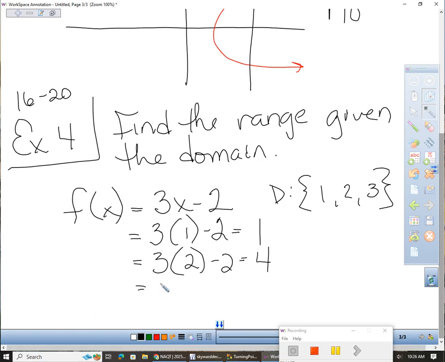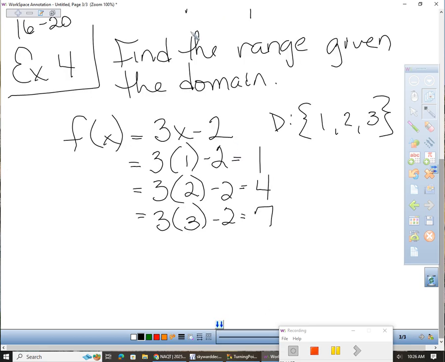And then we have y equals 3 times 3 minus 2. 3 times 3 is 9, minus 2 is 7. Now the question asks for our range. So we take our R, a colon, and a bracket, and we list our range values in numerical order. So this would be 1, 4, and 7.